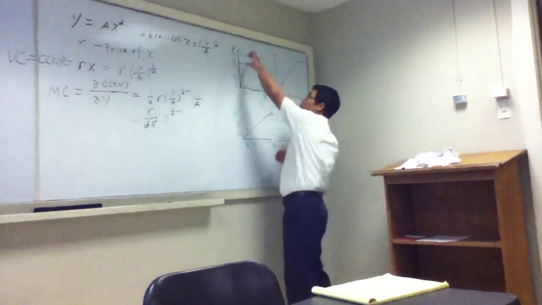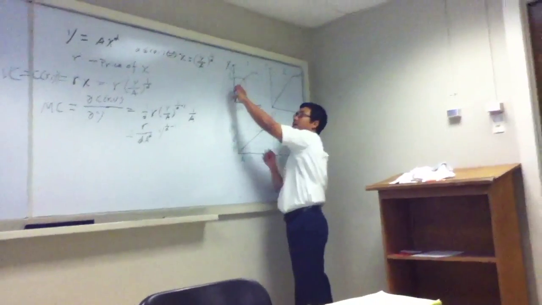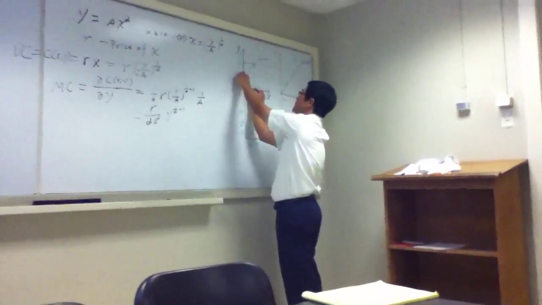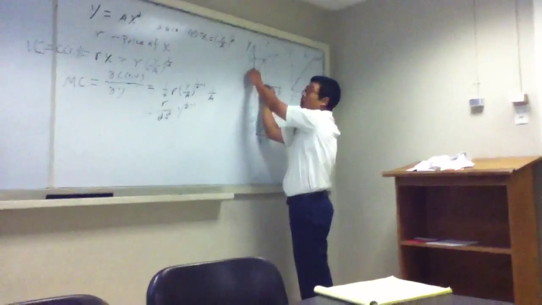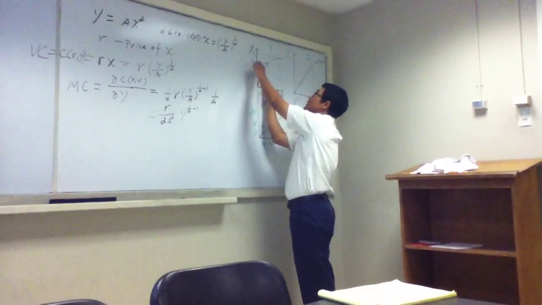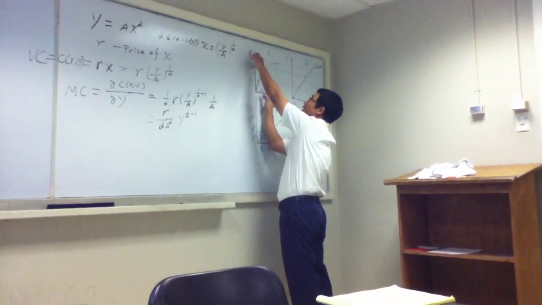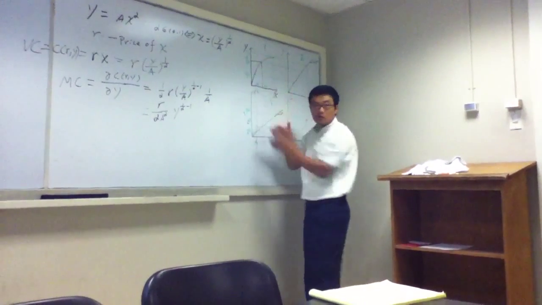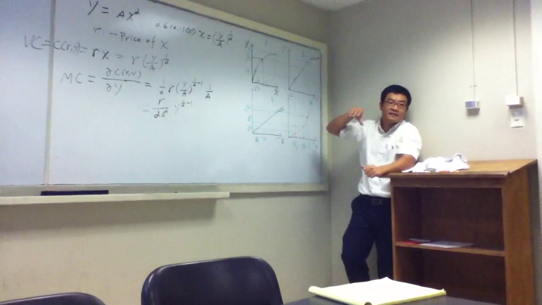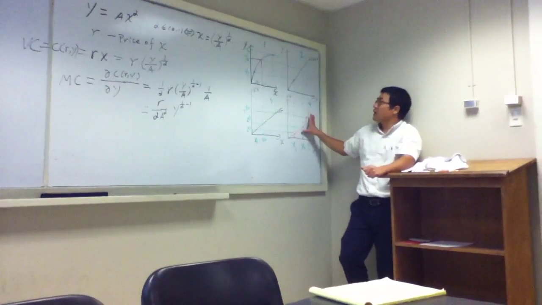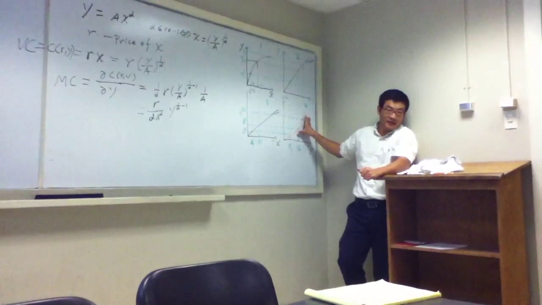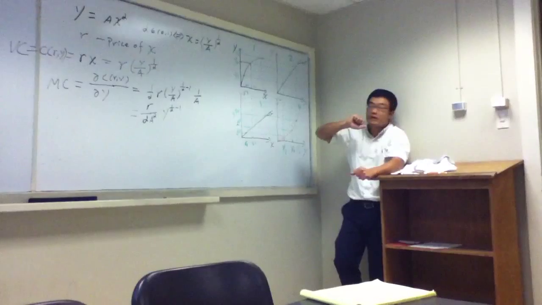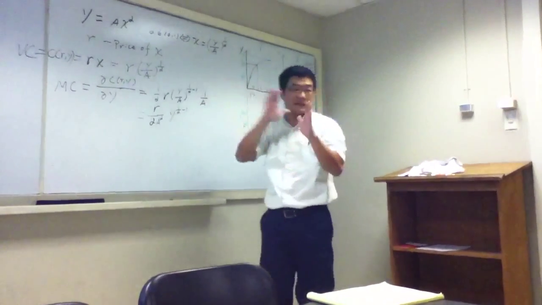Look at here. If you increase 1 unit of y here, you only need to increase a little bit of x. But when you have increased y a lot already, each unit of y requires more input increase here. So the additional cost will be higher. So the shape of the cost function is because of the shape of the production function. And from this functional form, you can see this.